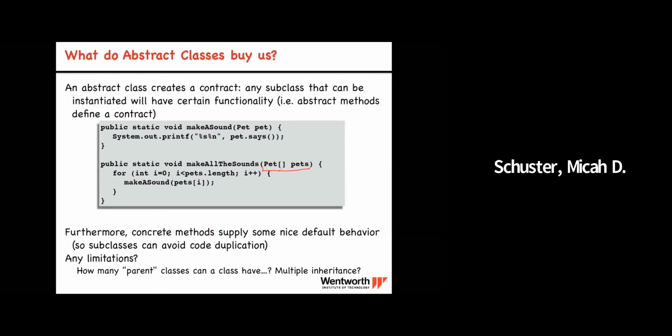And so that means that dogs and cats are guaranteed to go into here, which means we get dogs and cats up here, and they all have says. They're guaranteed to have says. So that's something that abstract classes provide. They bias this contract. Now, one of the things I wouldn't be able to do, so in this make a sound, I would not be able to do so for cat has hairballs.